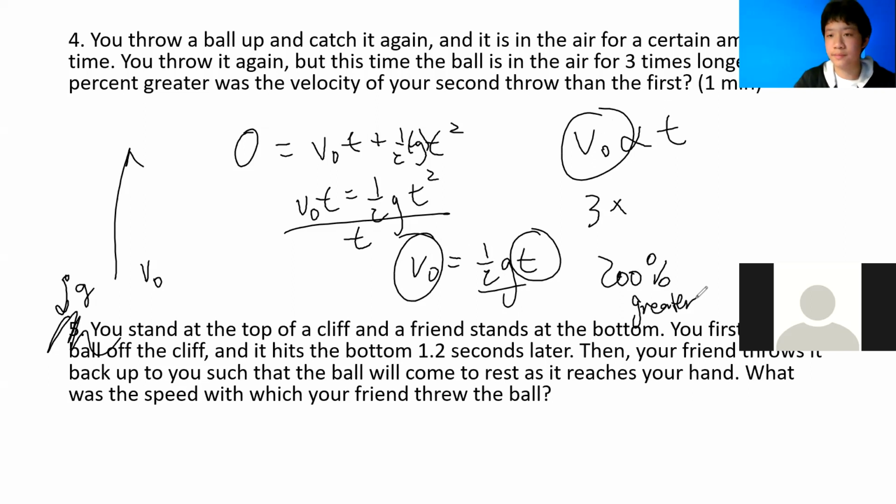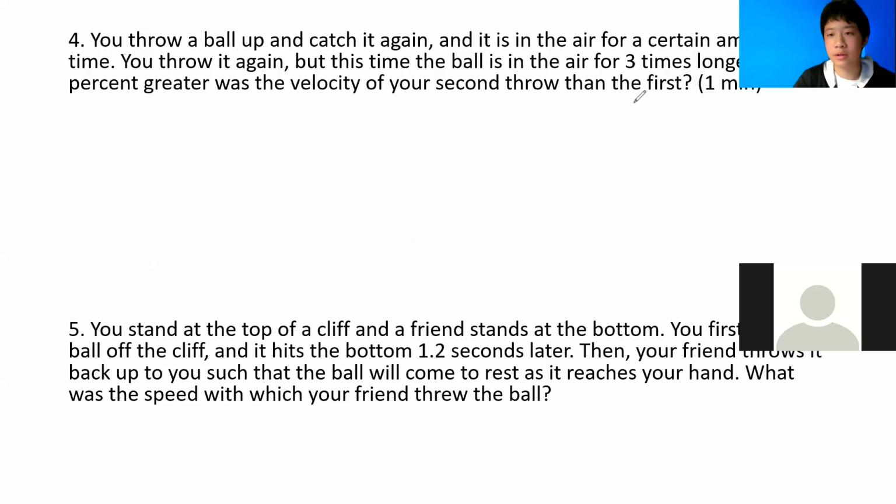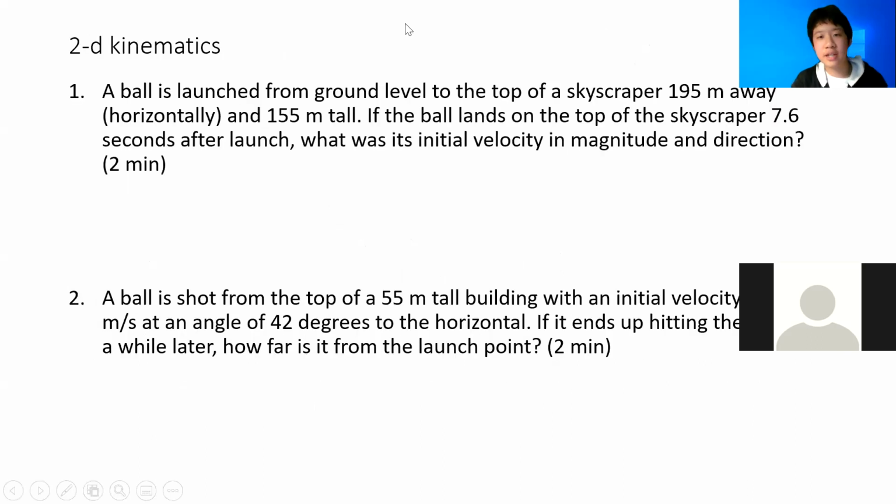Any questions? Good. Now we have 2D kinematics.